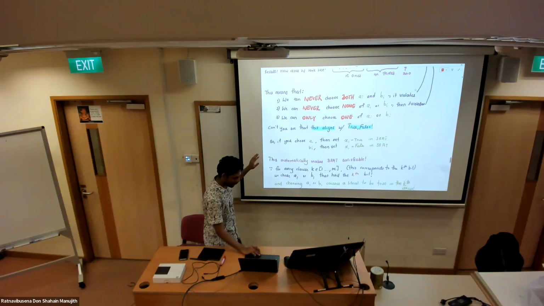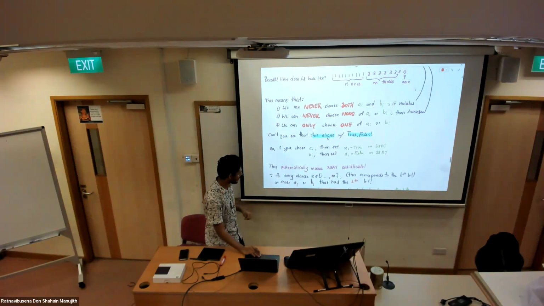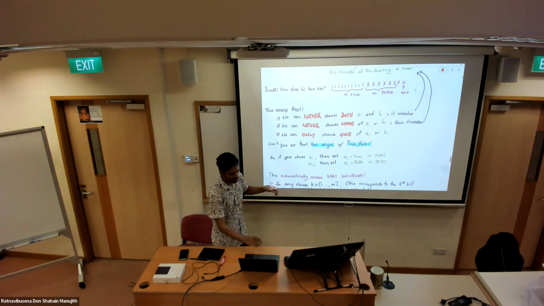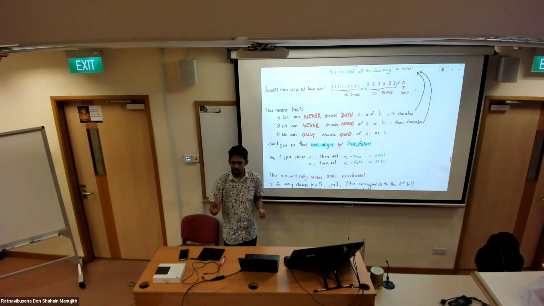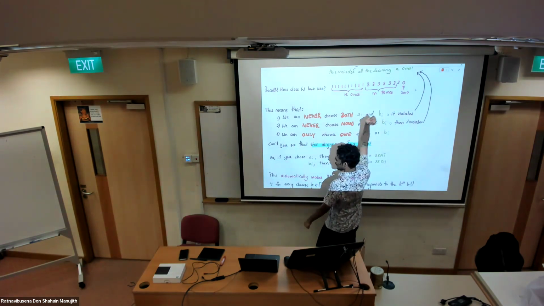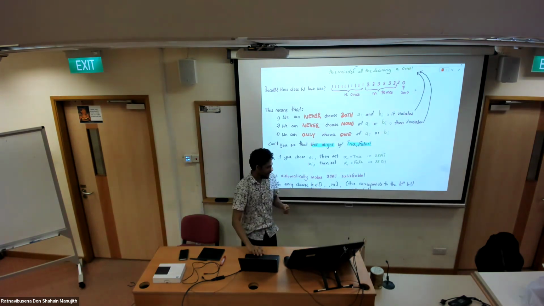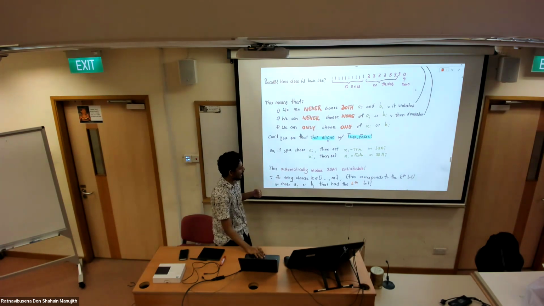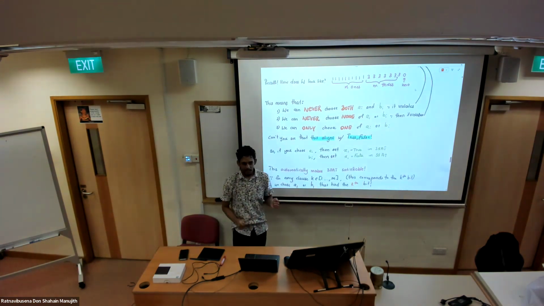This actually automatically makes 3SAT true, because for every clause k, 1, 2, 3 until m, this corresponds to the kth bit. They correspond to clauses, right? So for the kth bit, we chose some Ai and Bi that had the kth bit, right?